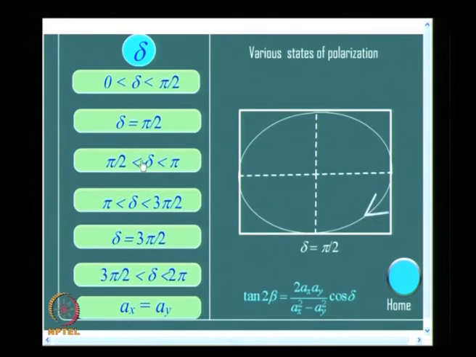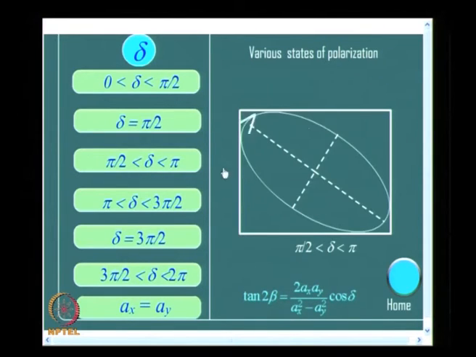And what happens when the range goes from pi by 2 to pi? The orientation changes and the handedness still remains clockwise. And when you complete this picture, you will have a nice set of pictures.